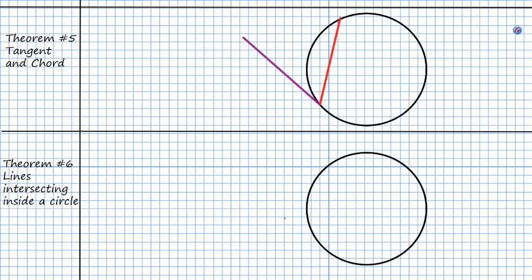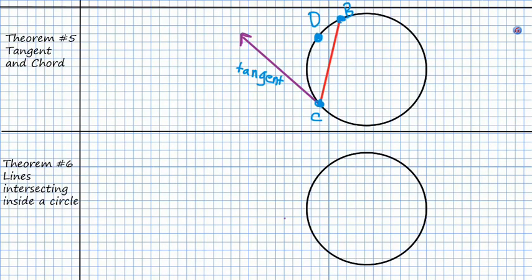All right, and what we're going to say is that the measure of angle C, so we'll go ahead and name this point C, name this one point B, and we'll name this one over here D.